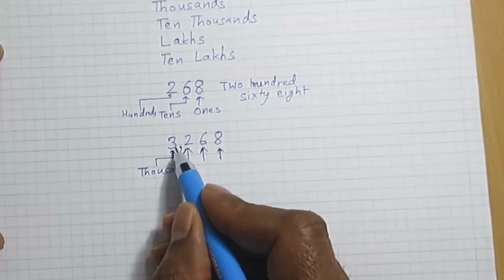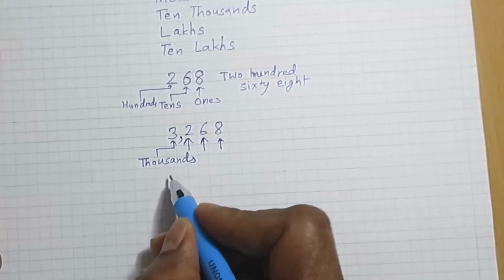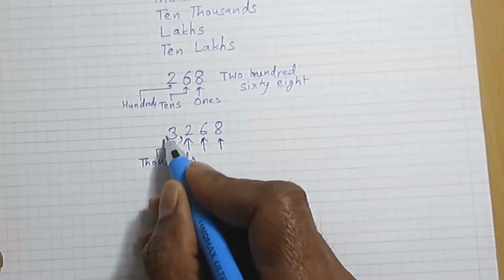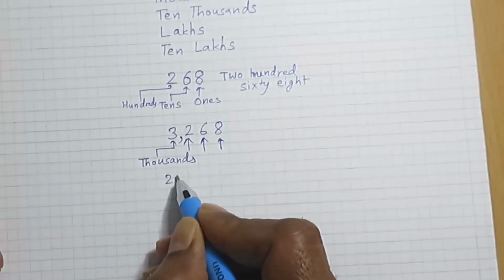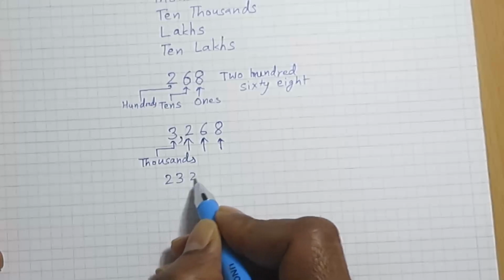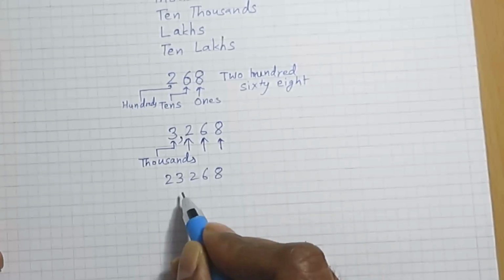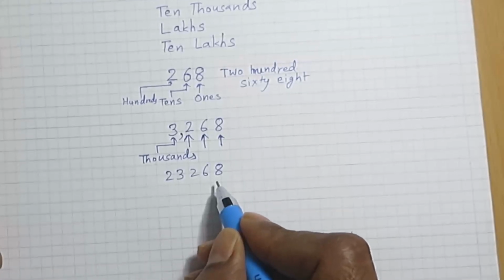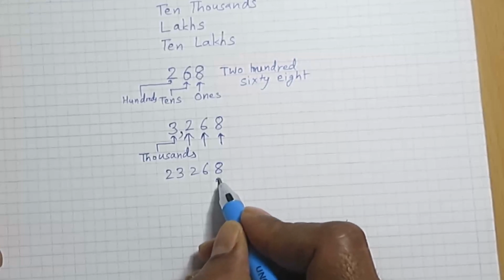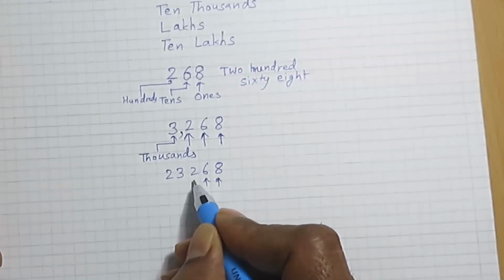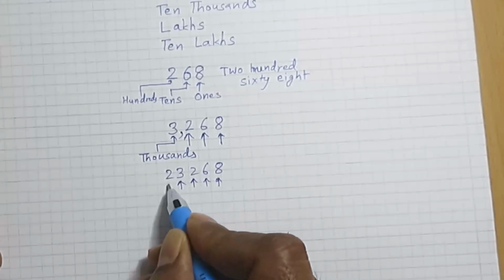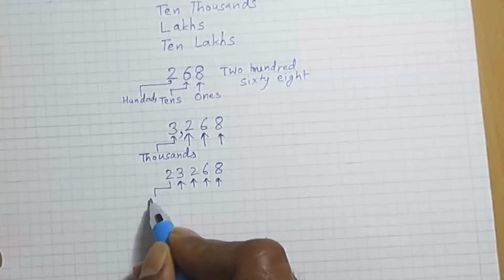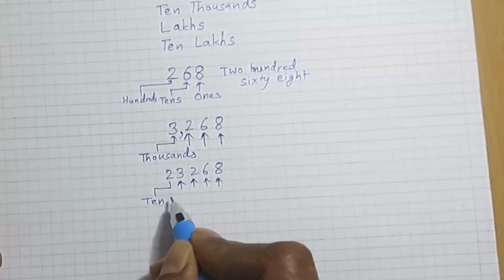Okay, now if we go larger, I will add 2 here: 2, 3, 2, 6, 8. This is a much larger number. Ones, tens, hundreds, thousands, and this one is 10,000s.